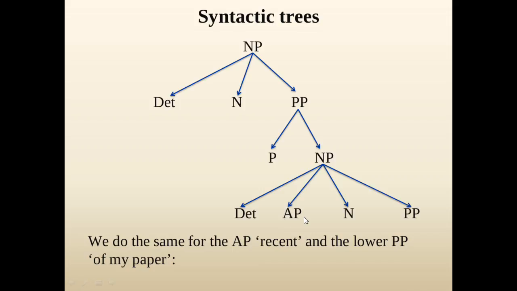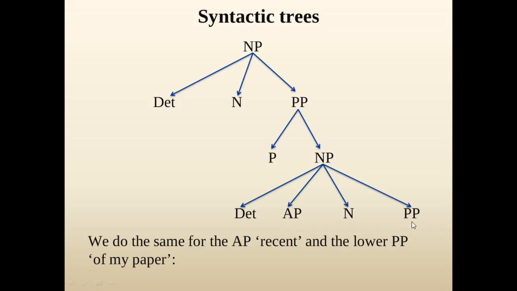We have two more phrasal constituents to analyze, the AP and the PP. The AP is recent, consisting just of the head of the adjective phrase, recent, and the PP consists of a preposition and the noun phrase of my paper. So the AP branches into one arrow, a single immediate constituent.